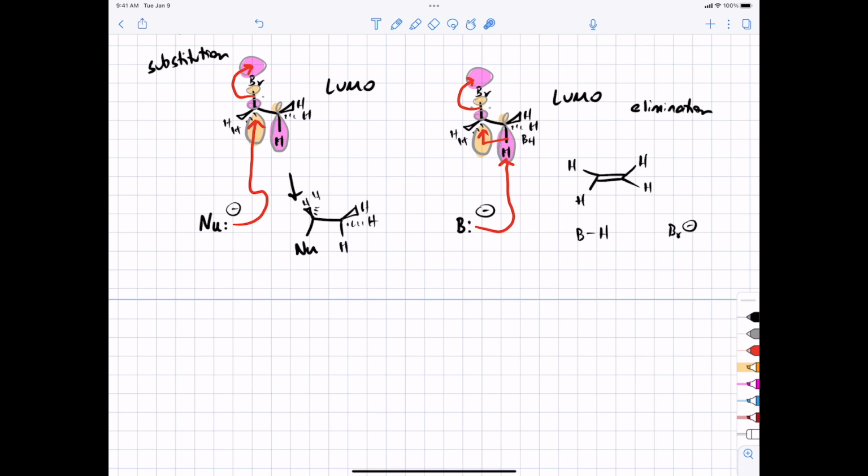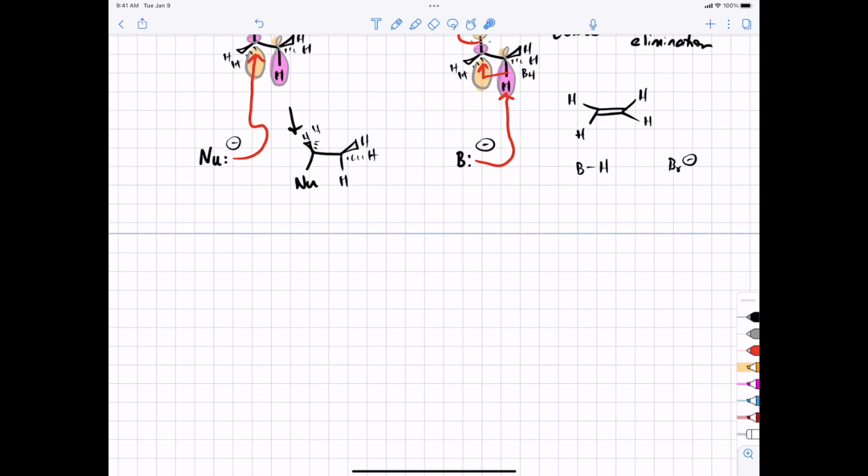The problem is there's some overlapping between those two groups. And so we're going to see a couple of different classes of molecules. We're going to see molecules that are neither a good base nor a good nucleophile. We're going to see molecules that are a good nucleophile but not a good base, and then we'll see molecules that are good nucleophiles and good bases. There's a fourth category out there, but we'll save that for later.